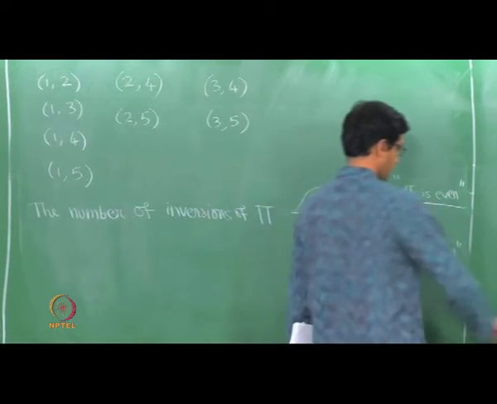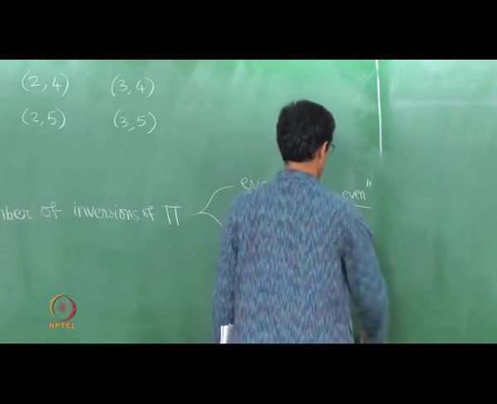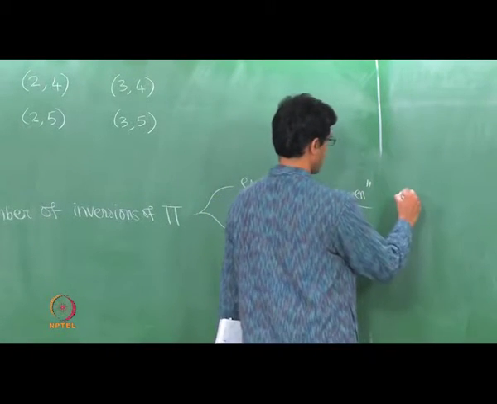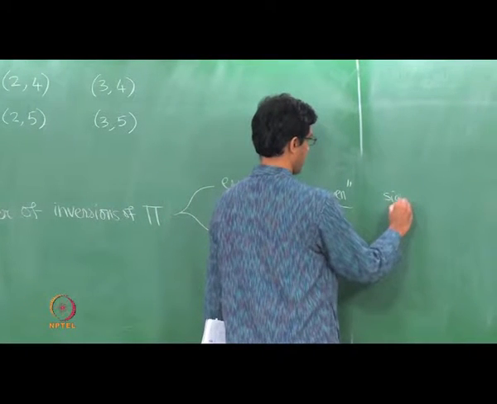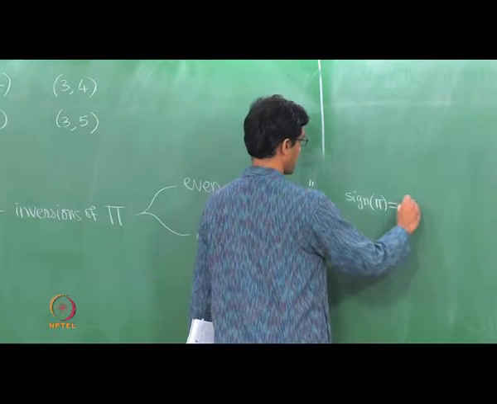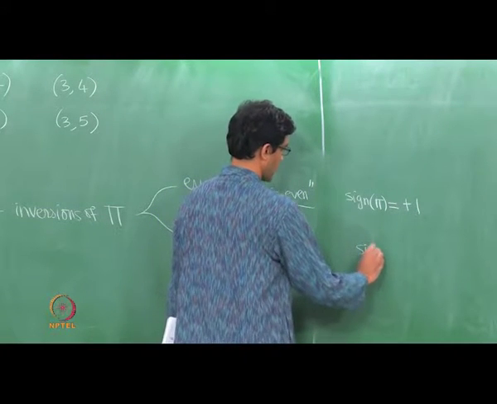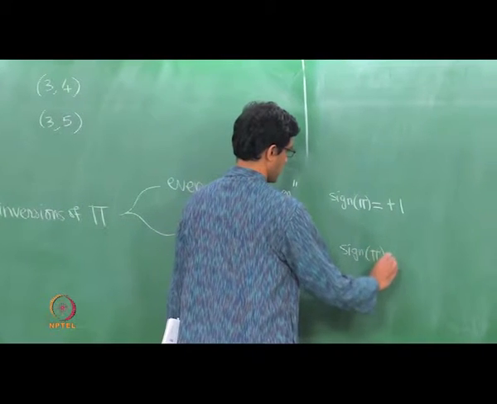So equivalently, pi is even, that is one way of saying it. Another equivalent way of saying this is to say that the sign of pi is +1, and if pi is odd, we define something called the sign. We say the sign of pi is -1.